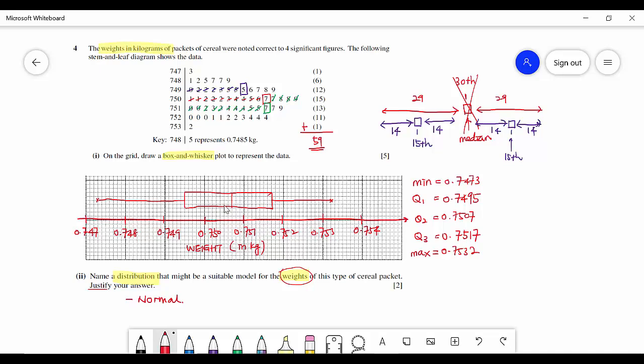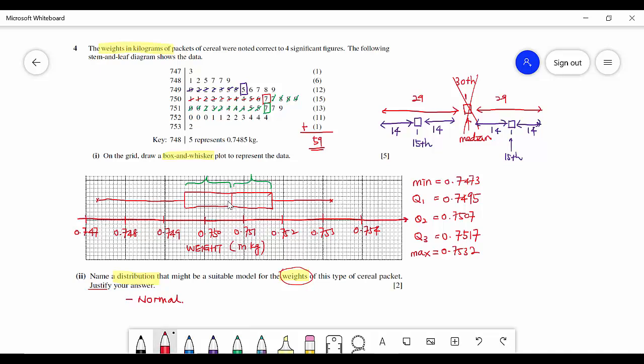and if you want to justify your answer, then you can look at the box and whisker plot that you drew just now. So you can look at the box. For the box here, you can see that the distance from Q1 to median and also from median to Q3, they are more or less, it is not exactly the same, I understand, but they are more or less quite the same length, the distance. All right, okay, so we can say that it is quite symmetric.